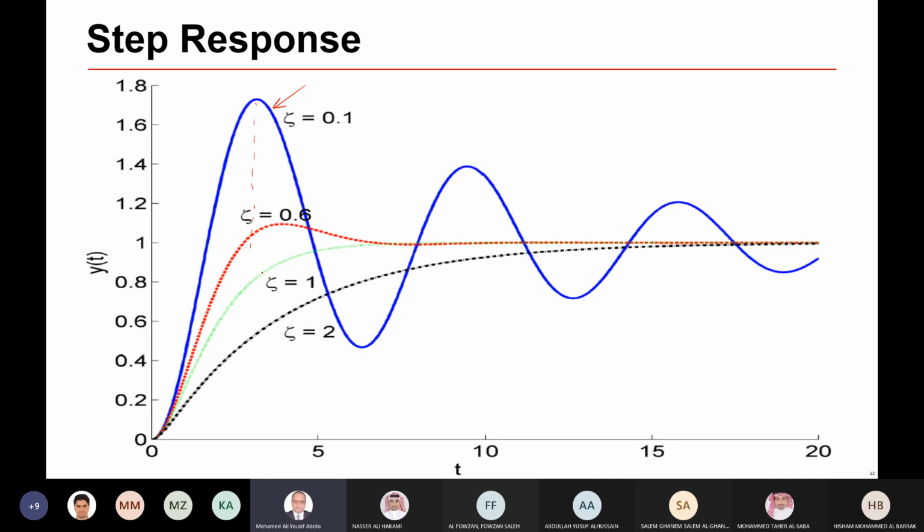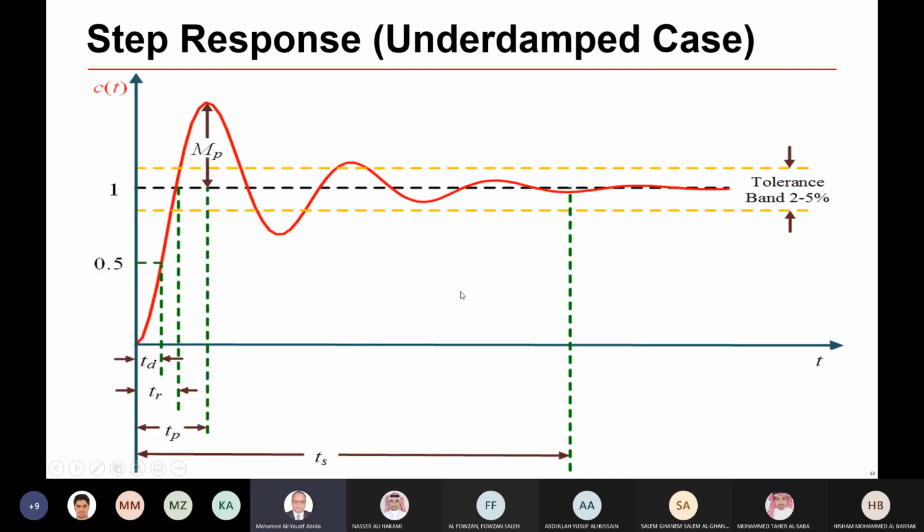For zeta equal to 1, this is critically damped, and for zeta equal to 2, it's overdamped. As you can see, the system response is slow. So this is usually the case. If zeta is negative, then the system is unstable.